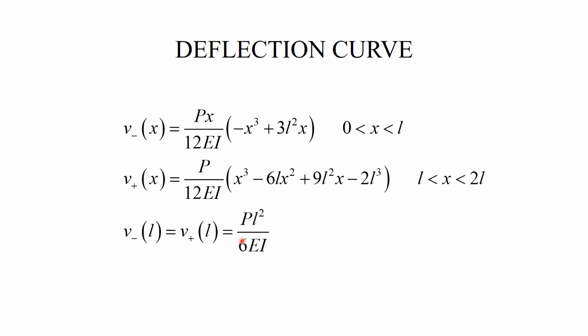I can also evaluate both expressions at x equal to L. A, I will find that V minus and V plus are equal, and B, I'll find that they're both equal to PL squared over 6EI, which is the maximum deflection of the beam, or the deflection under the force in the middle.